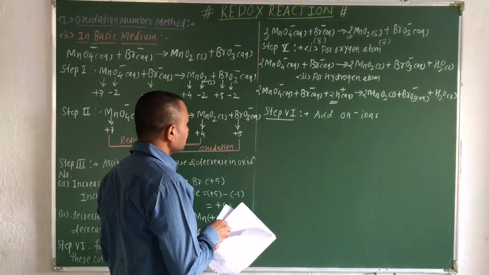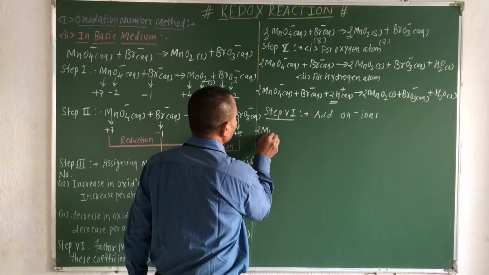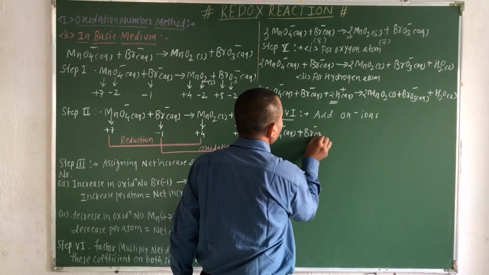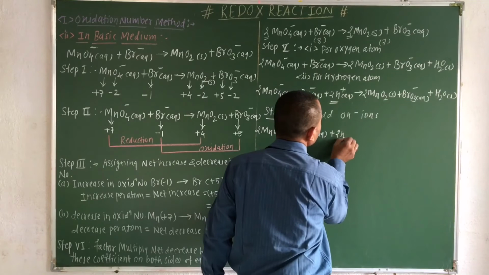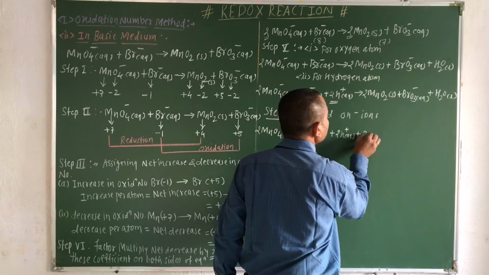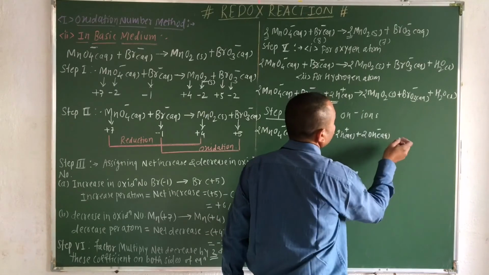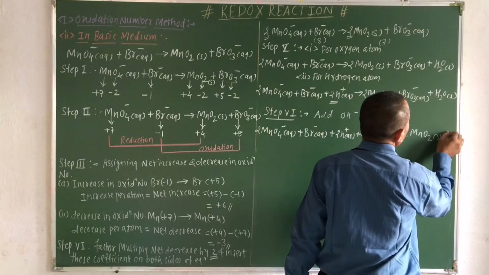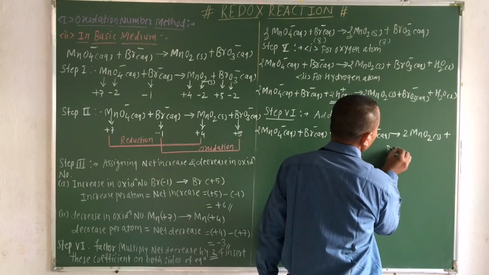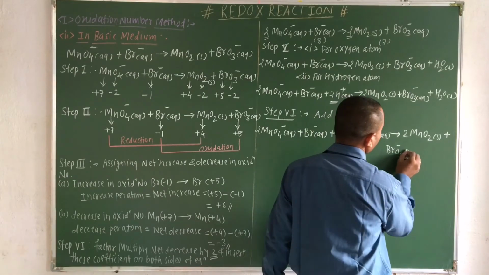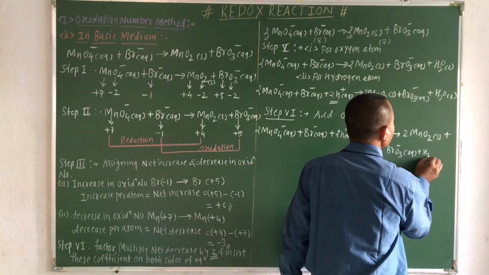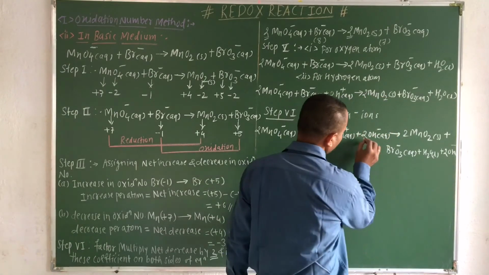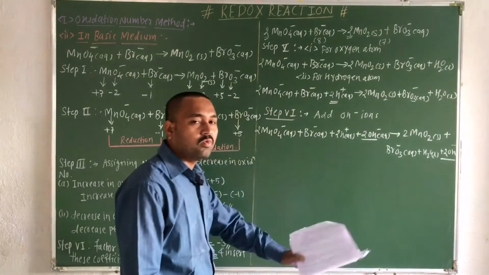So let us modify that equation again, that is 2 MnO4 minus aqueous plus Br minus aqueous plus 2 H plus aqueous plus 2 OH minus aqueous gives 2 MnO2 solid plus BrO3 minus aqueous plus H2O liquid plus 2 OH minus. So I have added the 2 OH minus on both sides of the equation.